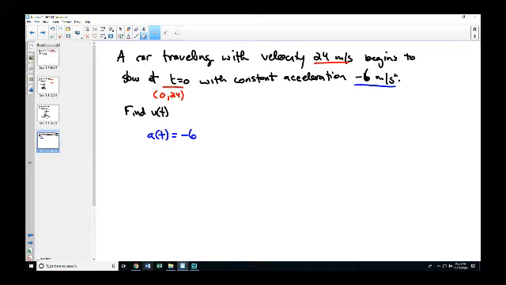Okay. So how do we get the velocity from acceleration? It's the antiderivative there, right? So let me write that up here. Correct?